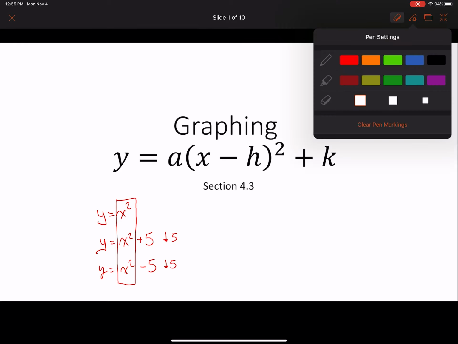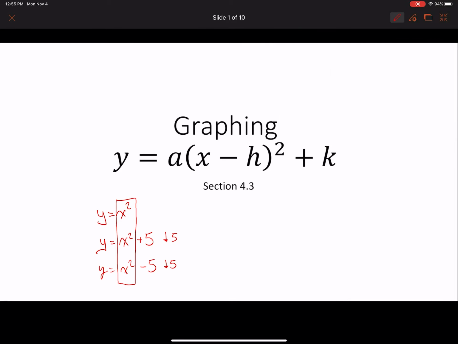Next thing we learned is the following. Y equals 5x squared. Y equals 7x squared. Or y equals half x squared. And what all these values did was change the step pattern.